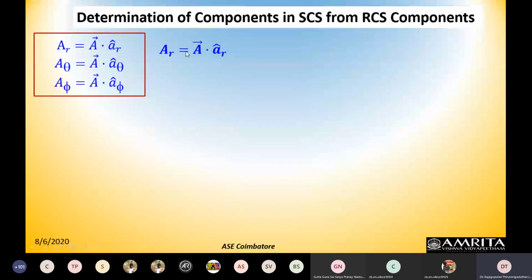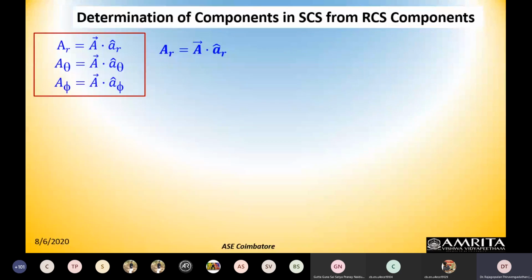Suppose I have a physical function such as the electric field in the Cartesian coordinate system, and I find that it is easier to solve the problem in the spherical polar coordinate system. First, I need to rewrite the Cartesian coordinate function in terms of the spherical polar coordinate function. The procedure adopted is explained here.